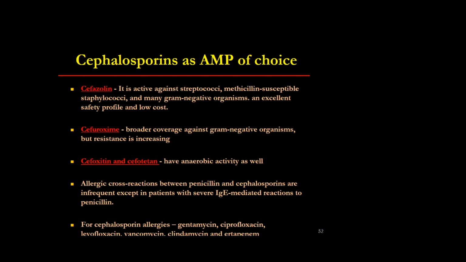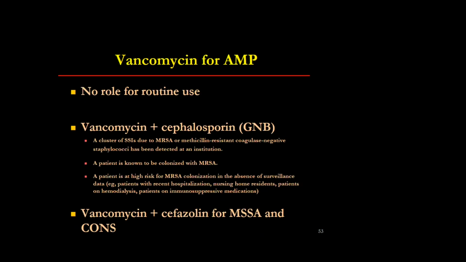Generally, if a person says that they've had penicillin allergy, the common standing instruction is don't use cephalosporins. It is not that way. Not all penicillin allergies will be allergic to cephalosporins as well, unless it is a severe IgE mediated reaction. And for cephalosporin allergies, of course, we have gentamicin, ciprofloxacin, levofloxacin, and all that.